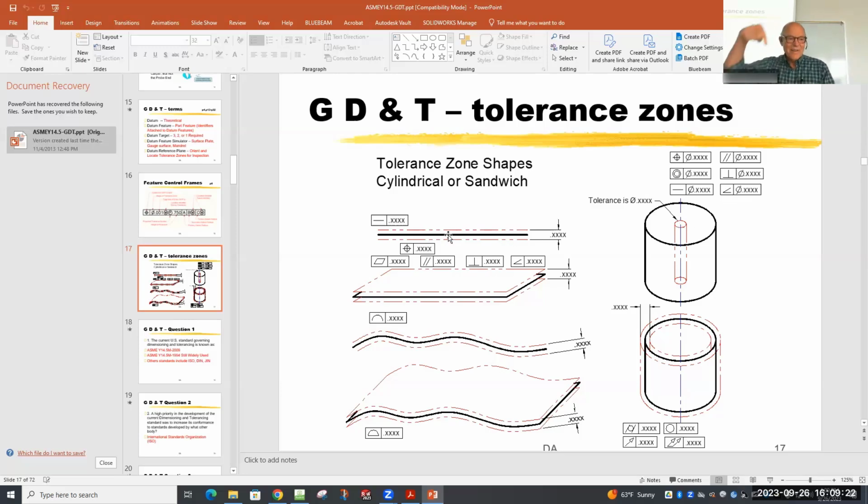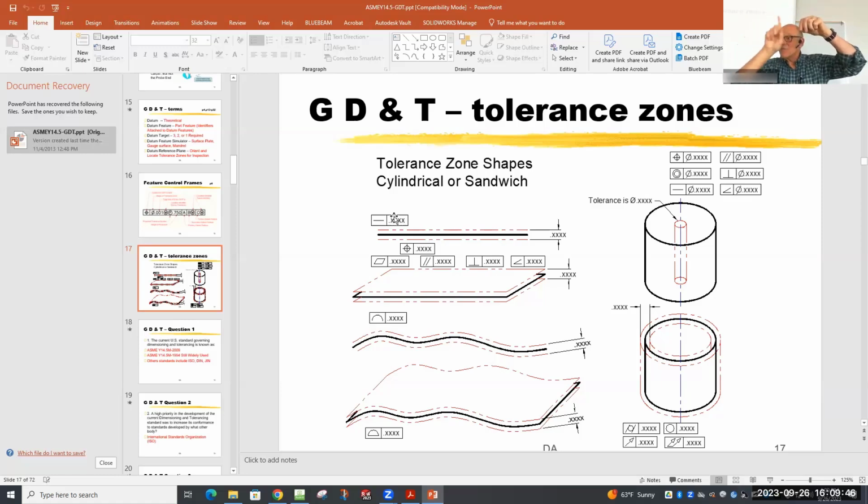So straightness, you saw the straightness thing back and forth like that, right? Well, you take a line and another line, and the distance between them is the number you put right here. That part is straight as long as every single location on that surface falls inside that zone. So when you drag the dial indicator across it, the needle is going to move back and forth from the lowest to the highest point.